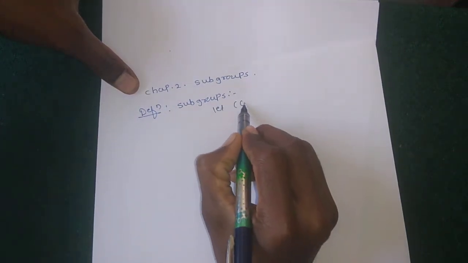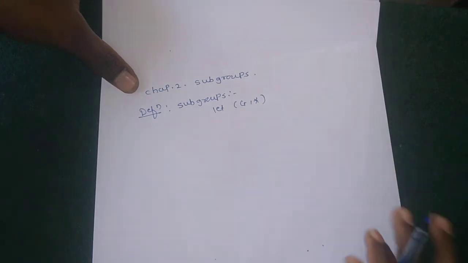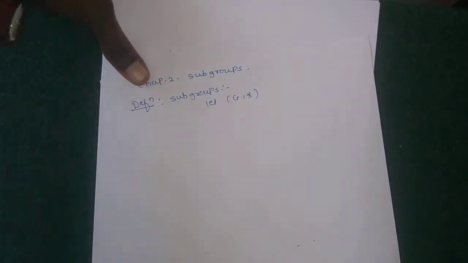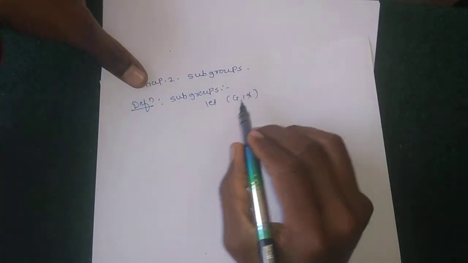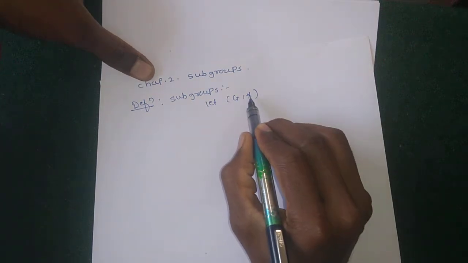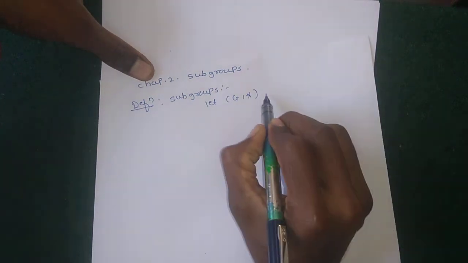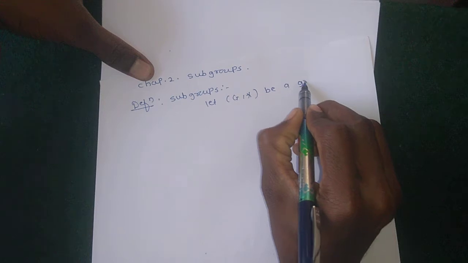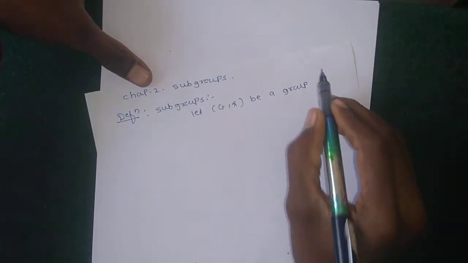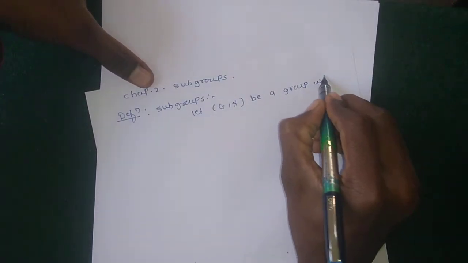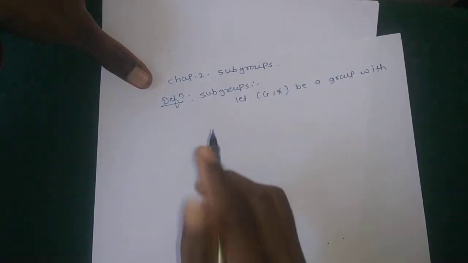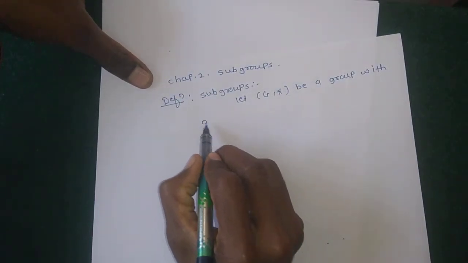Let G, a group with binary operation star, be a group.